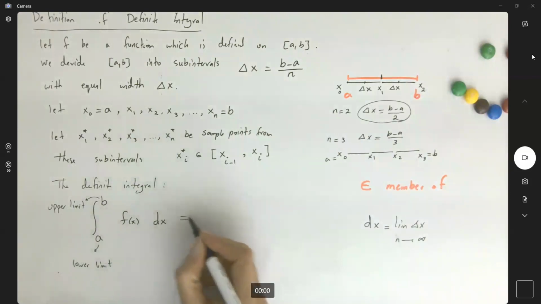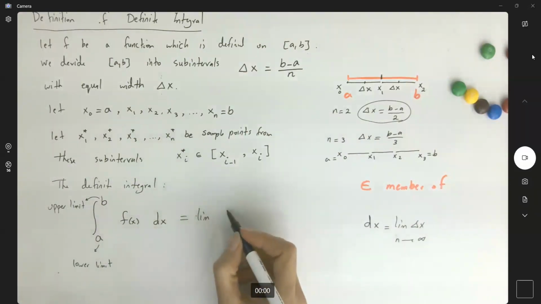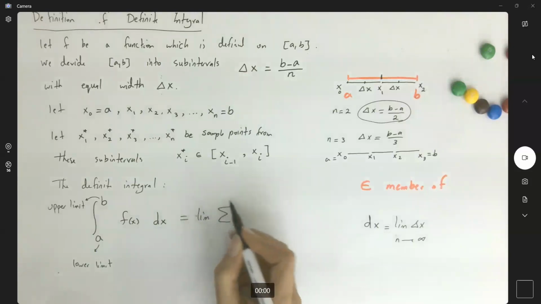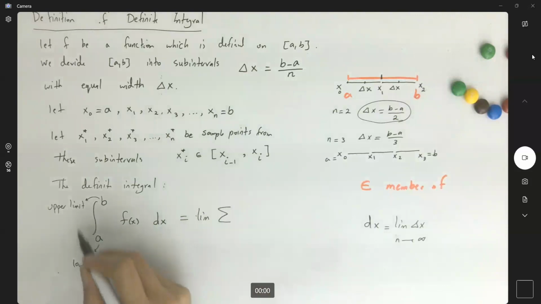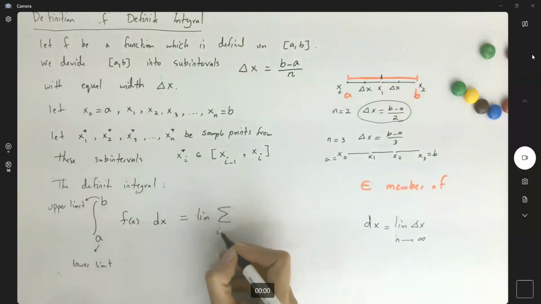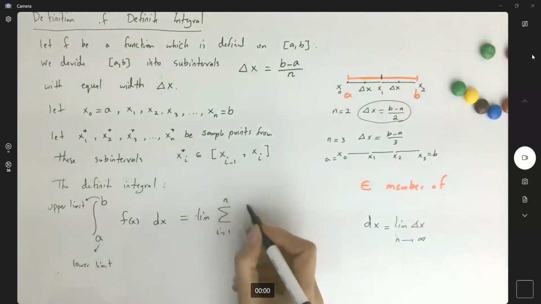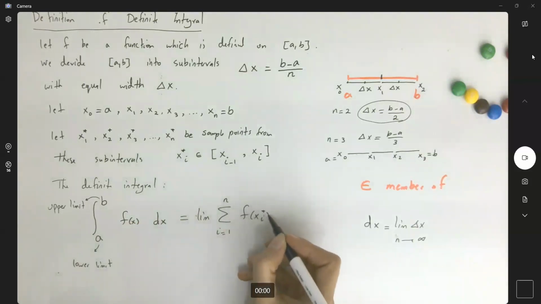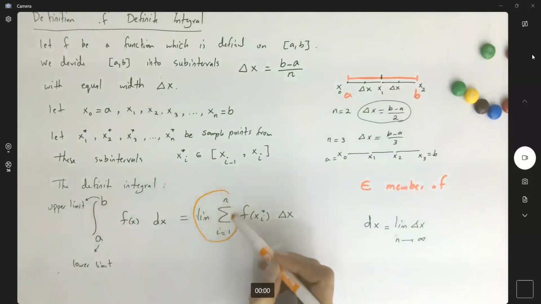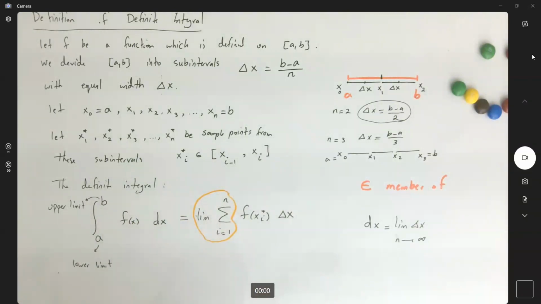This is equal to the limit of, here you have the sigma notation. Guys, the integral sign is this ugly s here. So the limit of sigma, i starts from 1 and goes to n, of f of these sample points times delta x. So again, if you're wondering where this came from, this is another name for the limit of sigma as n approaches infinity.